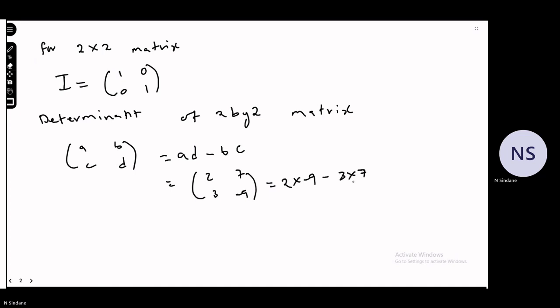This will be negative 18 minus 21. Then this will give you negative 39, which is your determinant. Let's see. Okay.